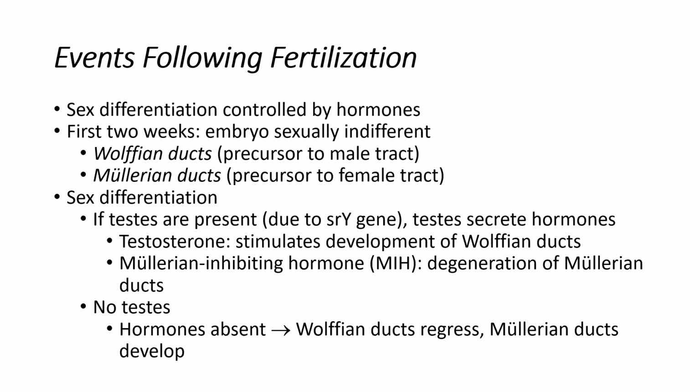But if there isn't any testosterone, because there aren't any testes, then the Mullerian duct will persist because we don't have that Mullerian inhibiting hormone and we don't have testosterone. Okay, the Wolffian duct will naturally regress.